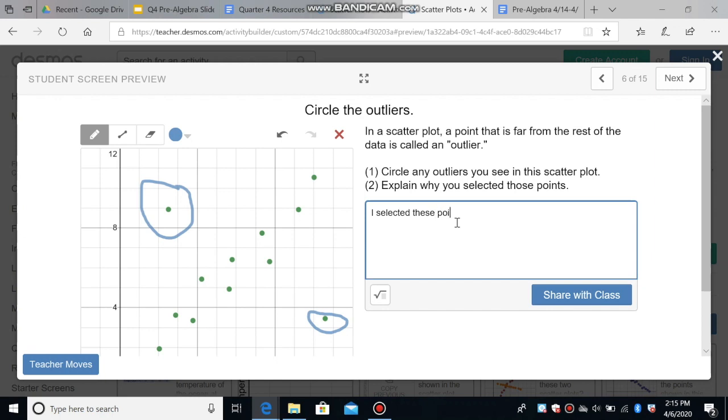So I selected these points because they are far away from the other points. And they don't really follow the linear association we see. In other words, they don't really follow the pattern that we see.